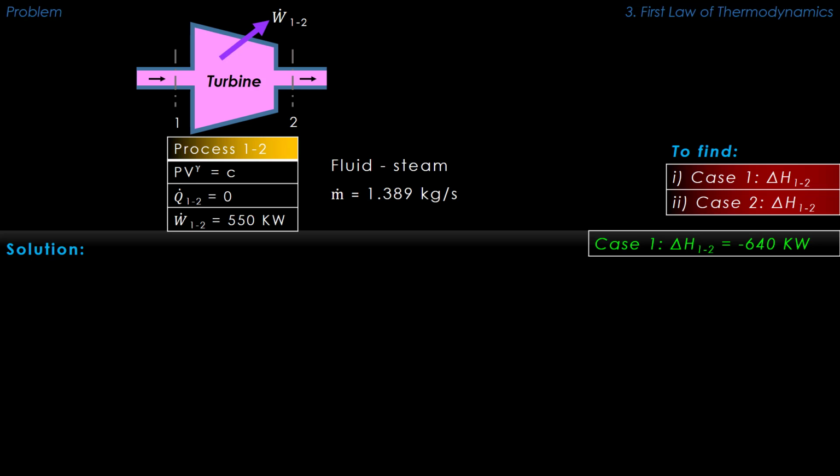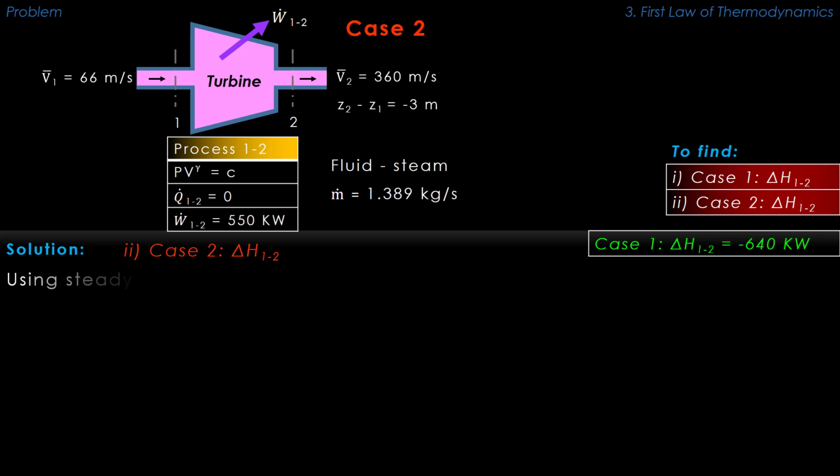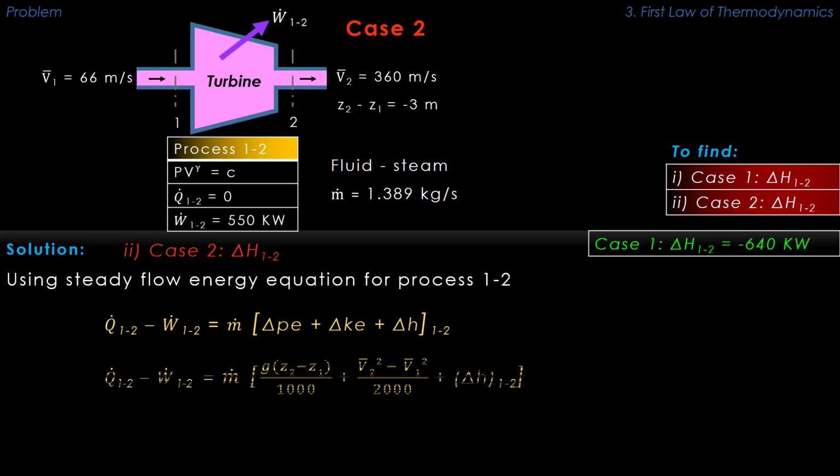Now, let's go to case 2, where the turbine inlet and outlet conditions are as shown. In this case, both the inlet velocity and change in potential energy is taken into consideration. Now, we will simply repeat the same procedure to find out the change in enthalpy. In this case also, we get the following expressions.